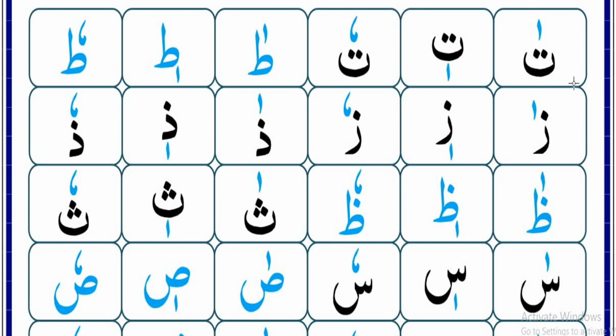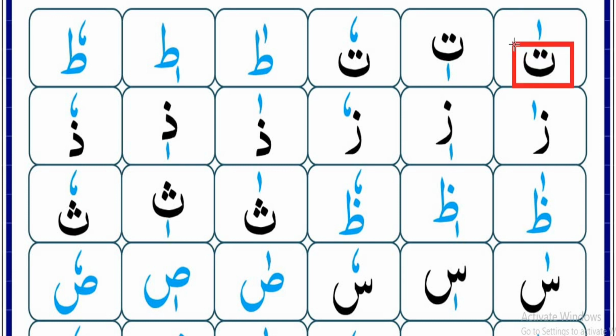So ba fatha ba becomes ba alif fatha ba. If you want to learn about the madda letters, that video is available on my channel. You can watch it. As I said, these signs are supposed to stretch the sound just like the madda letters. So there's basically no difference between madda letters and the standing signs, the vertical signs.